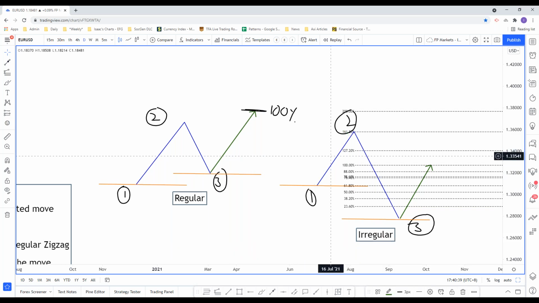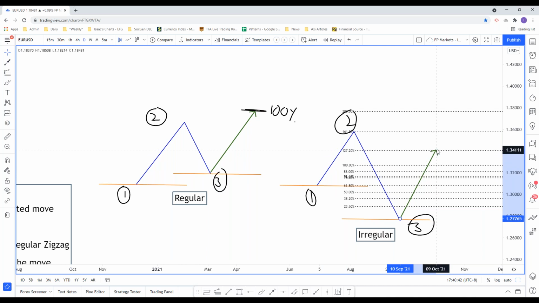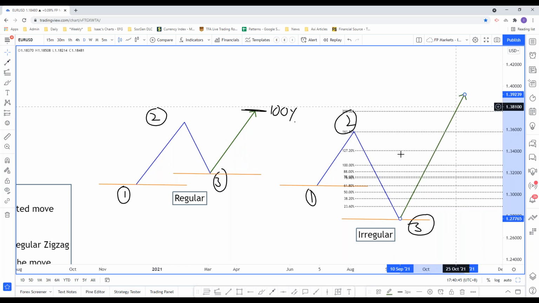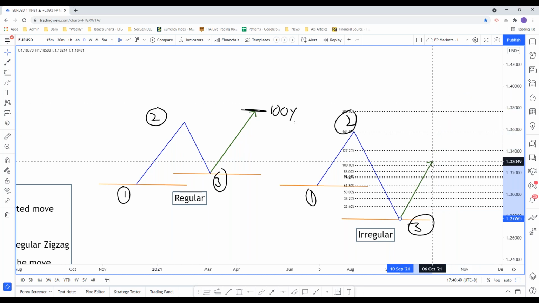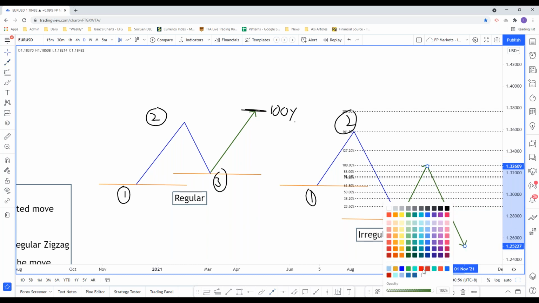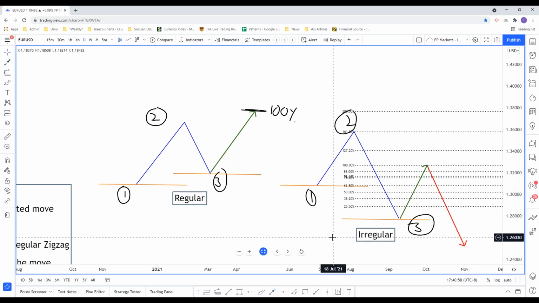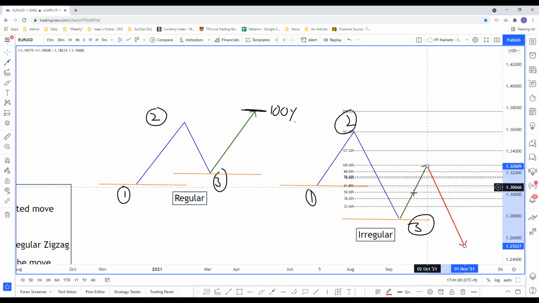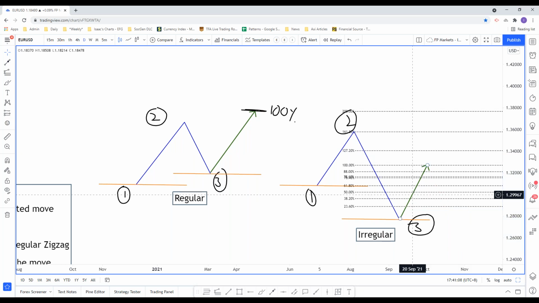Now, price can continue upwards, and this can be a bullish scenario. Otherwise, price may come to the 100% and then suddenly go down, which becomes a bearish scenario. So in an irregular configuration, it is a bit tougher to determine whether price will continue its bullish momentum or whether it is actually a change in market structure.